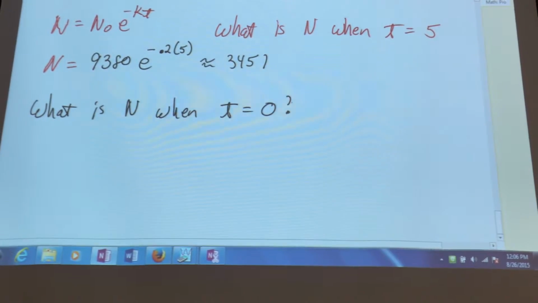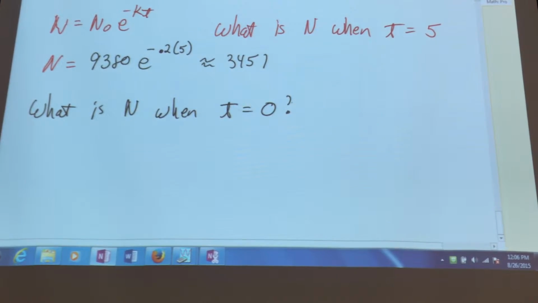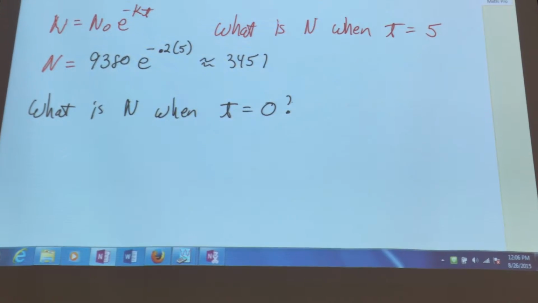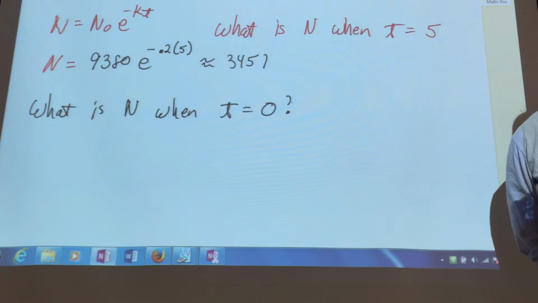Another question for you while you're waiting here, for people to sort of figure things out. What is n when t equals 0? Raise e to the exponent 0, and what do you get?